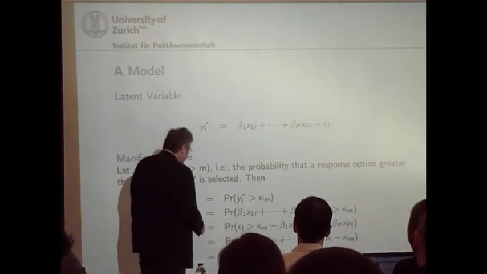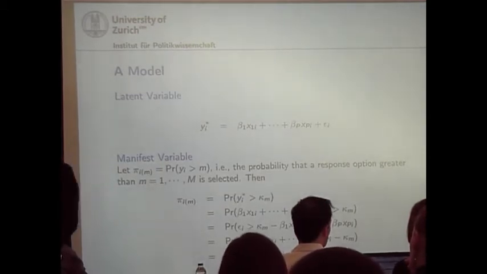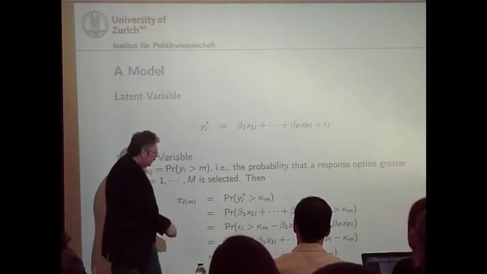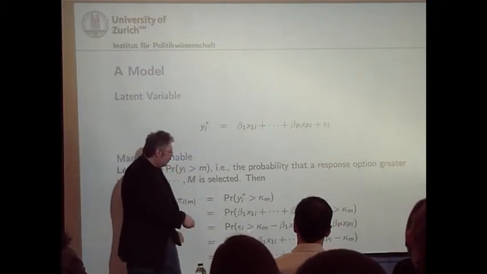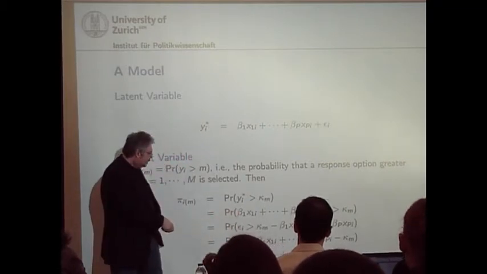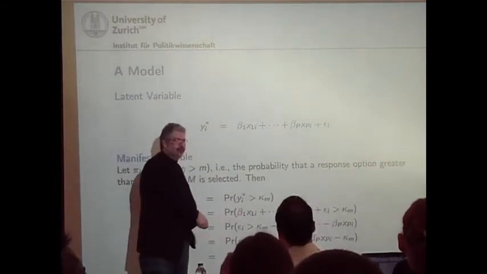And then if epsilon is normally distributed, or actually if epsilon follows a symmetrical distribution, then we could take advantage of the following property: the probability of epsilon being greater than something is the same as the probability of epsilon being less than or equal to the negative of that something.